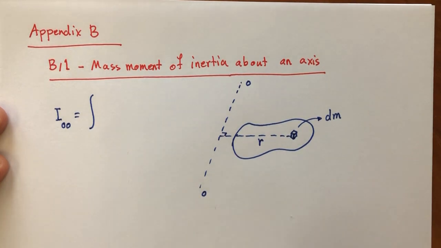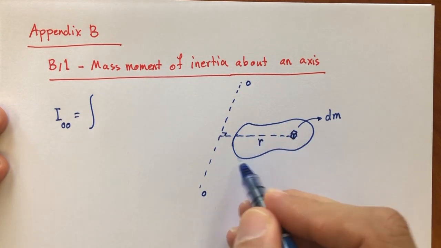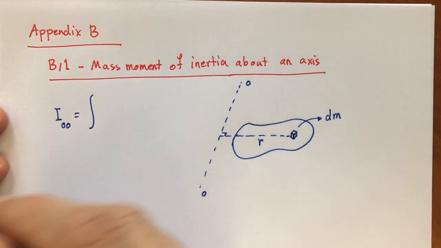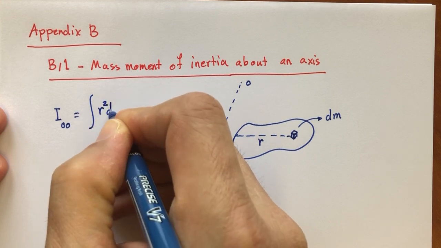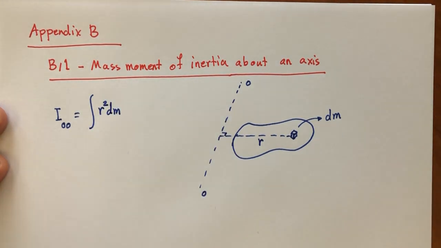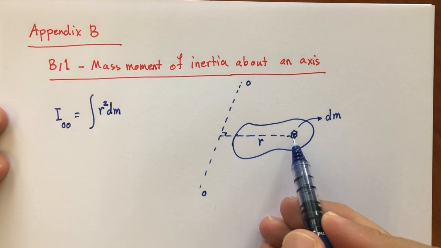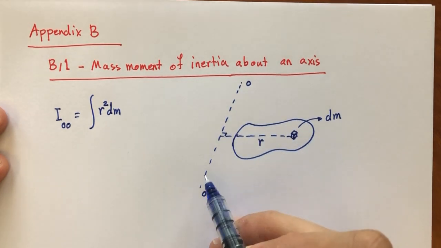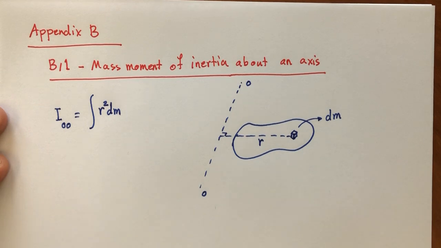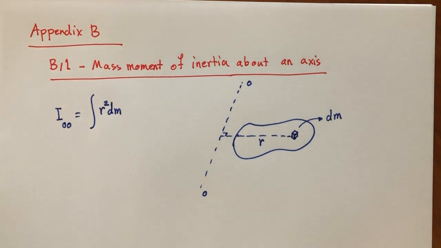That is the mass moment of inertia. So when we are adding all of them together, it means we are integrating, right? So it's going to be the integral of r squared dm. Again, r is the distance of each piece, that dm, from the axis that we are finding the mass moment of inertia about.